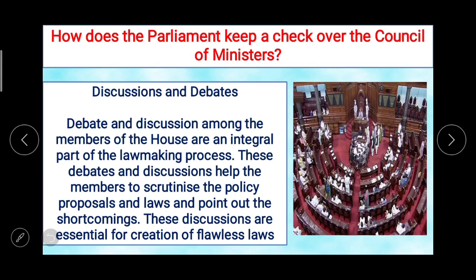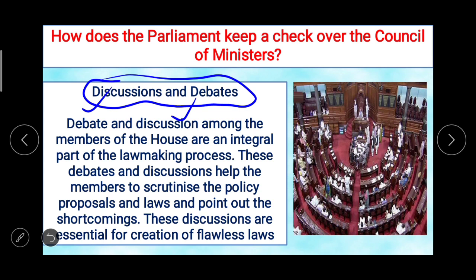In that, the first one, discussions and debates. Debate and discussion among the members of the House are an integral part of the law making process. If you go for the Rajya Sabha or Lok Sabha TV, there you can see the debates and discussions on any particular topic.